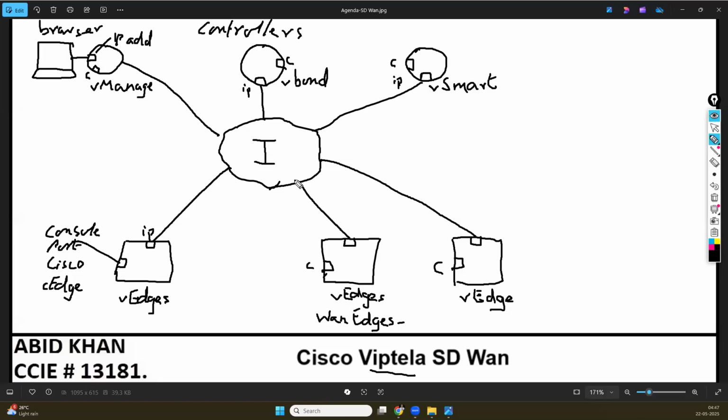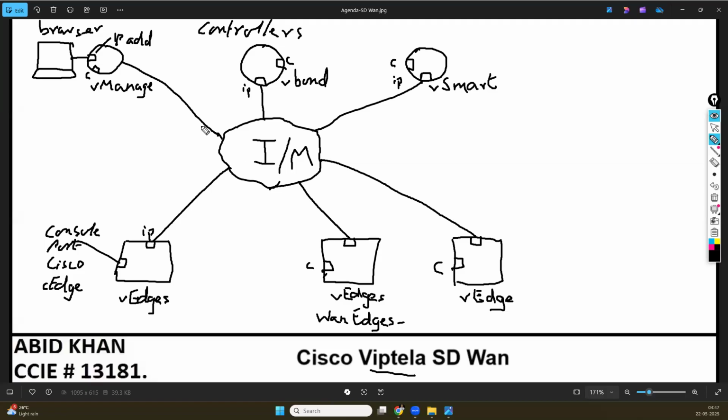So using some WAN service like internet, or it could be MPLS, like that. Not necessarily it has to be internet only, it can be even MPLS also.